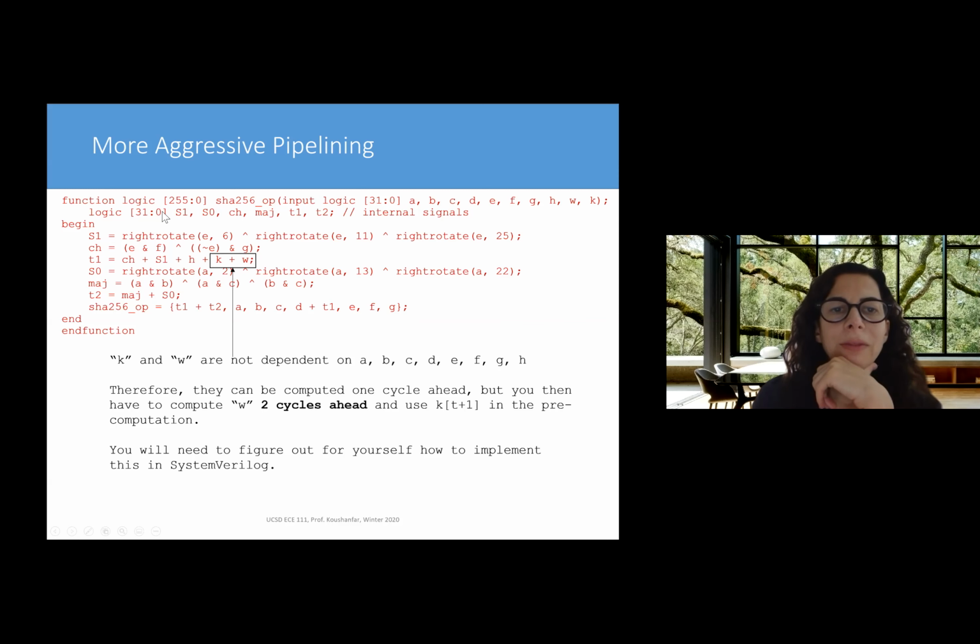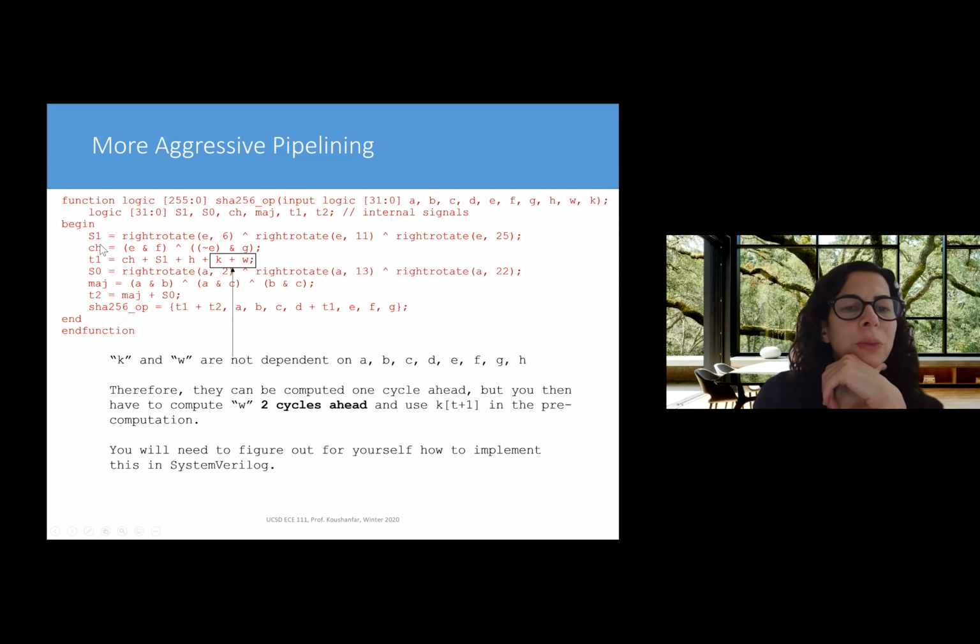Then we have S1, S0, CH, majority, T1 and T2, which are basically internal signals that we saw on that chart. Now we compute these values just as the procedure is for SHA-256.